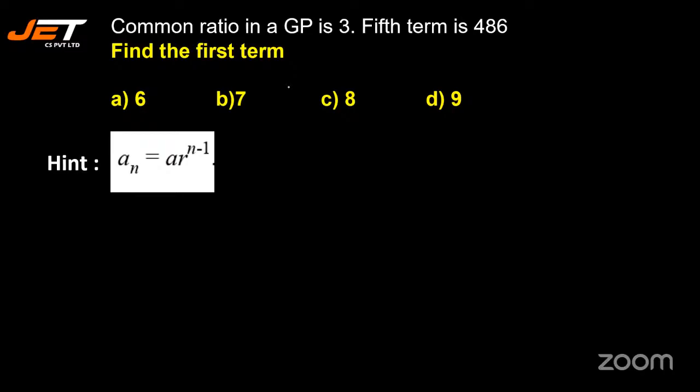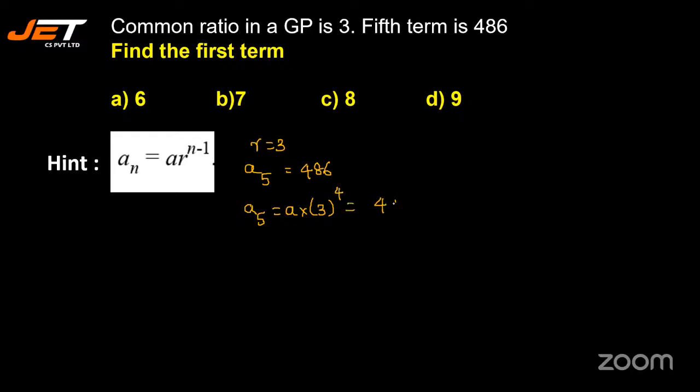Common ratio of a GP means R is 3. Fifth term means A5 is 486. Means A5 is what? A into R to the power n minus 1, that is 3 to the power 4. Sorry, n minus 1 means 5 minus 1 is 4.